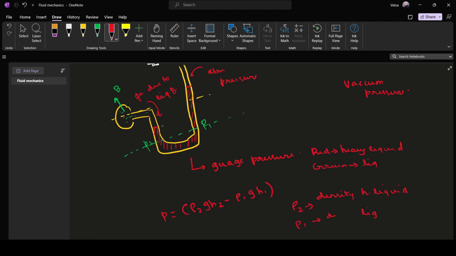This one will be H1, and this height from the datum line will be H2. Hope you got that. H1 is not this actually, it's still this much. H1 is basically, this is a center point, so from this line, H2 minus the distance is H1. Hope you got that.